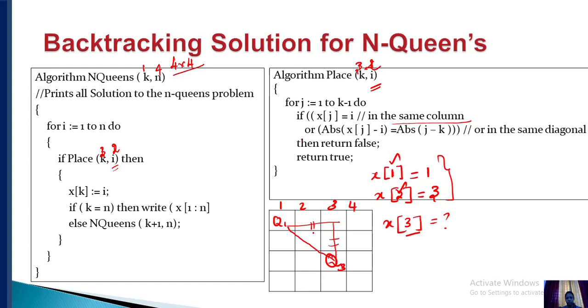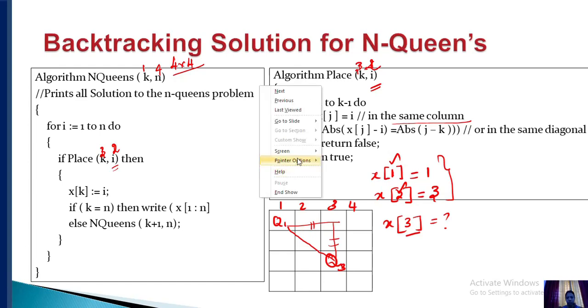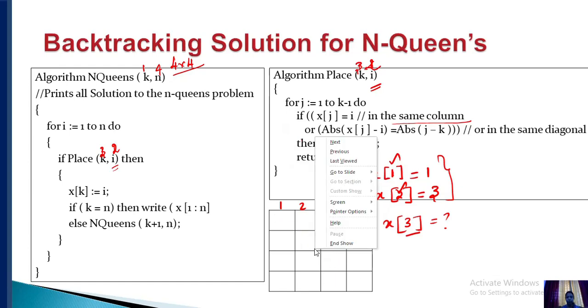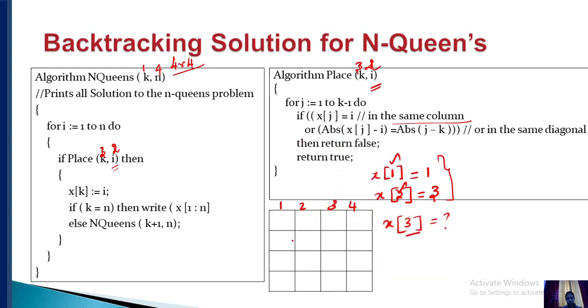So not only in this case, let us take one more case. If I place the second queen in this place, we cannot place the fourth queen in this place, right? In this case, why can we not place it? Because it will diagonally clash with the other, so we cannot place it.